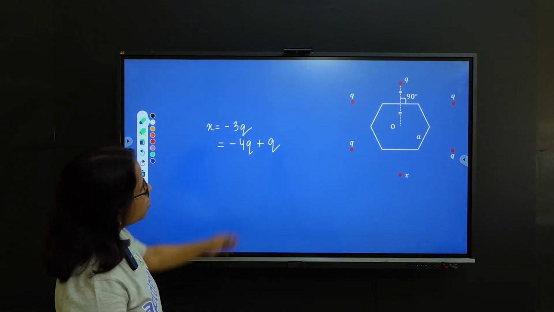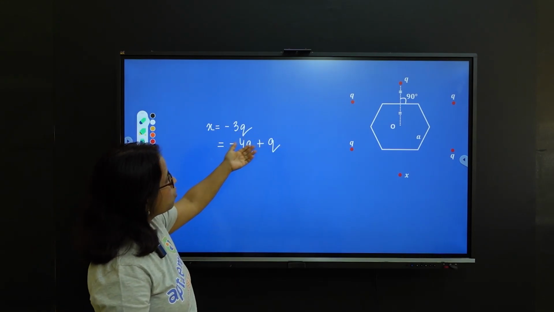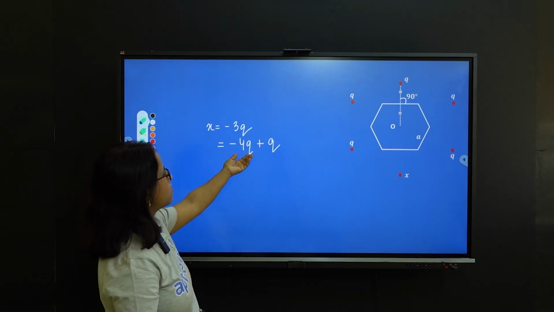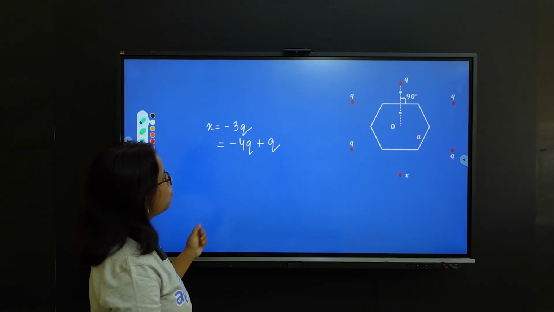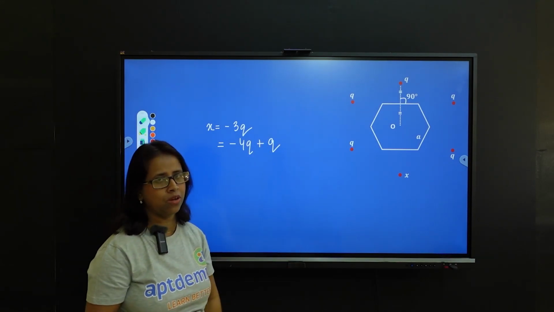So just explore. We had 5 charges of magnitude q, and out of those 5 charges, 4 will as if get cancelled out due to the effect of the potential due to these minus 4q charges, and we will be left with 1 in the system plus another q here.